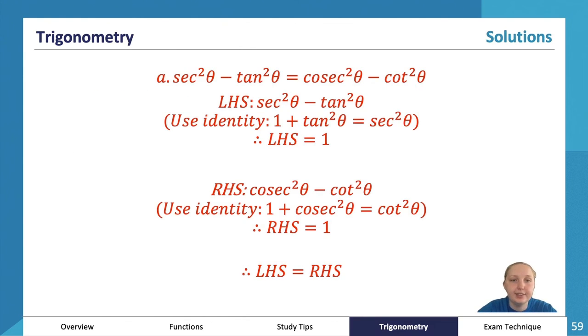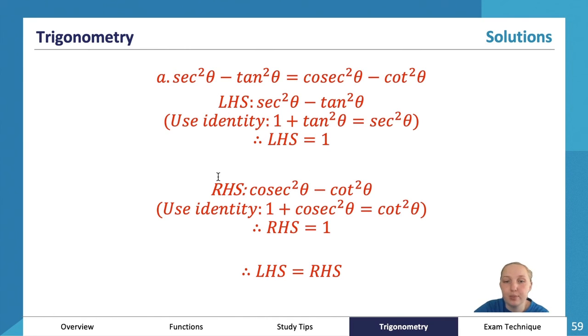Okay, so let's have a look at these ones. If we've got sec squared theta minus tan squared theta equals cosec squared theta minus cot squared theta, let's first look at our left-hand side. And we've got sec squared theta minus tan squared theta. And then if we use the identity that 1 plus tan squared theta is equal to sec squared theta, we just substitute 1 plus tan squared theta here, and we'll end up with the fact that the left-hand side is equal to 1.